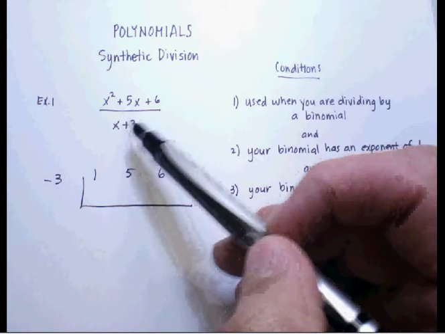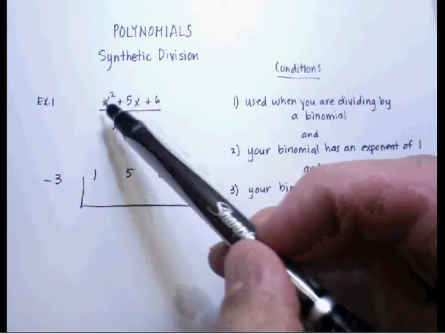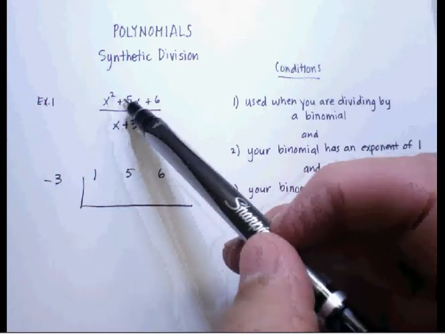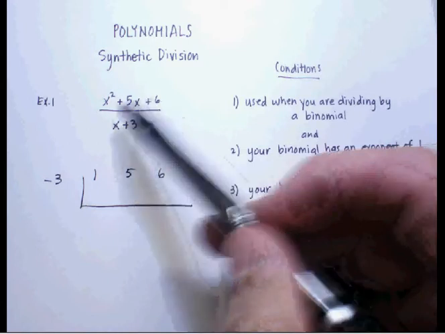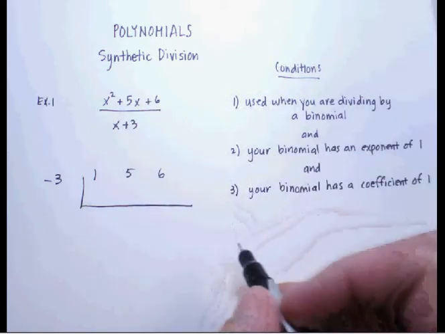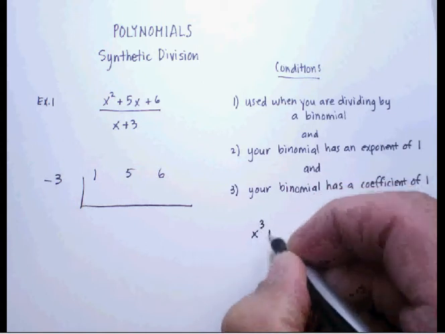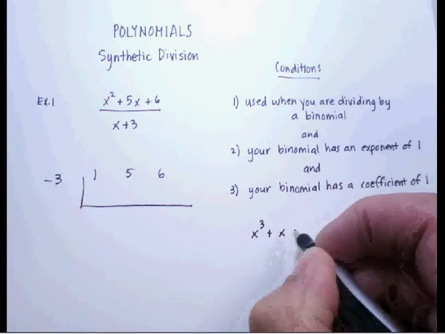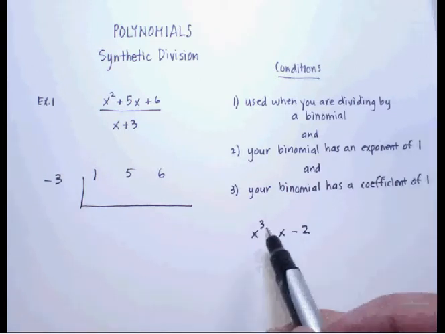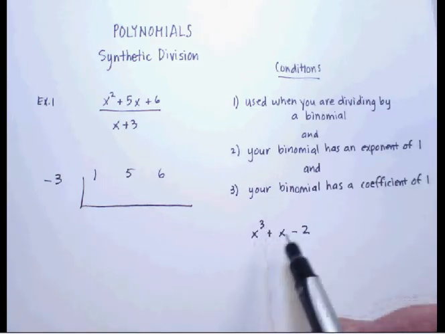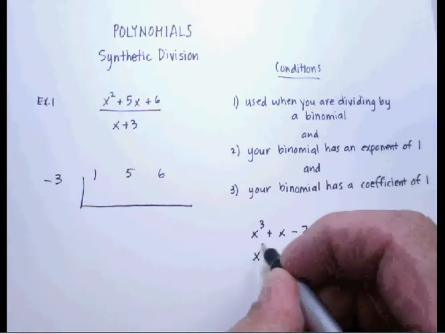And again, in the numerator, just take the coefficients, the 1, the 5, and the 6. Now if there's a gap, and let's go down here, let's say I have something like x cubed plus x minus 2. You'll notice that I'm missing an x squared if I had perfect descending order. So what I'm going to use is what's called a dummy variable.